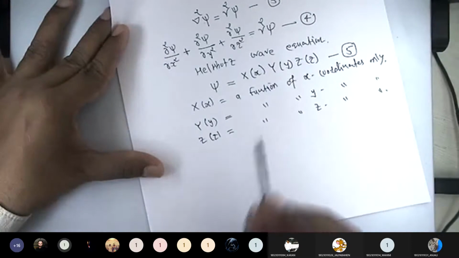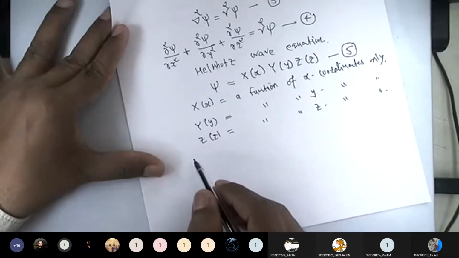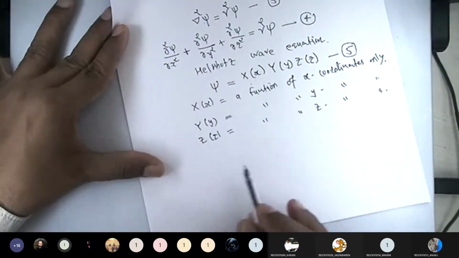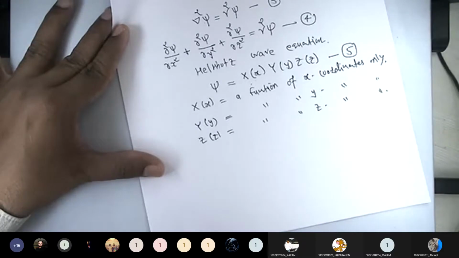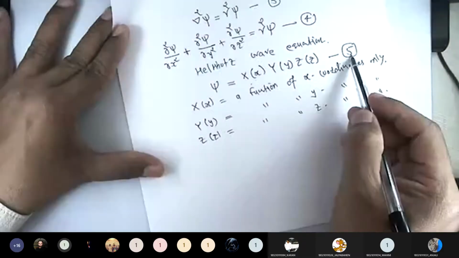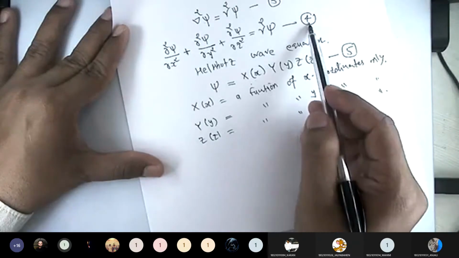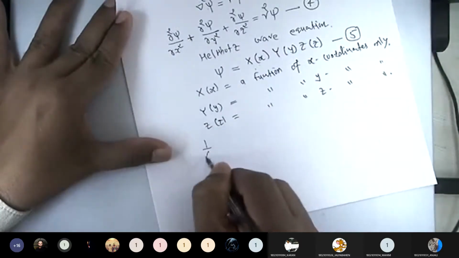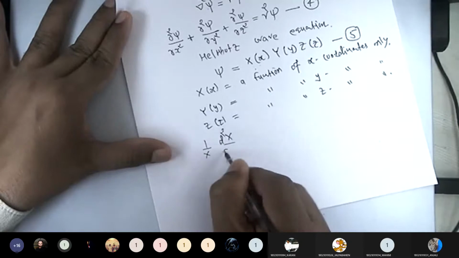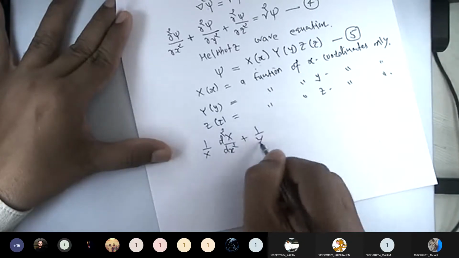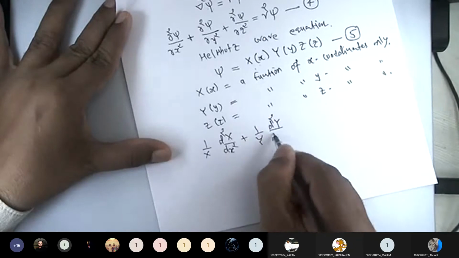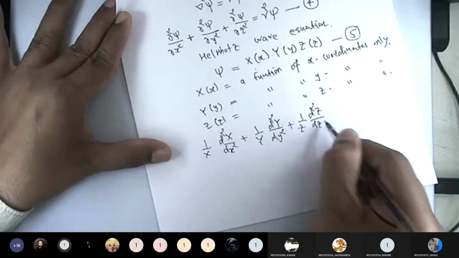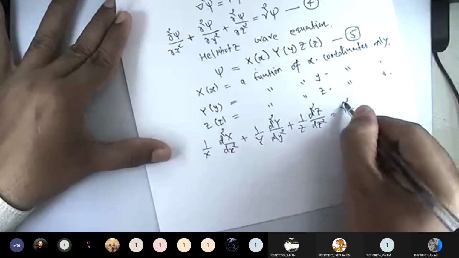As we have seen, we put the condition that all three should be independent of each other, then we can use the separation of variables method. Once we use that, and put equation number 5 into equation number 4, we get the expression 1 over X d square X by dx square plus 1 over Y d square Y by dy square plus 1 over Z d square Z by dz square, equal to gamma square.